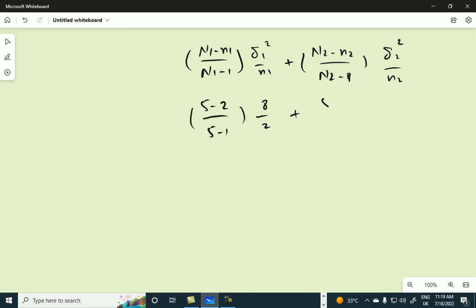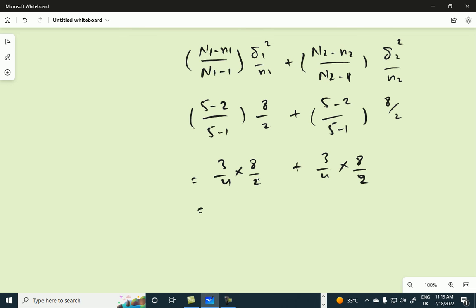And similarly, 5 minus 2 divided by 5 minus 1 into 8 divided by 2. This is equal to 3 by 4 into 8 divided by 2.